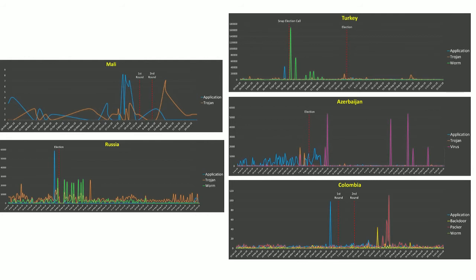But you can see that there is a logic. I know there's a kill chain in hacking, an order of operations as far as targeting an individual or an enterprise. But I am suggesting to you right now that you can see it on a macro level, on a strategic level across entire countries. If you look at Mali, for example, you'll see application, then Trojan.